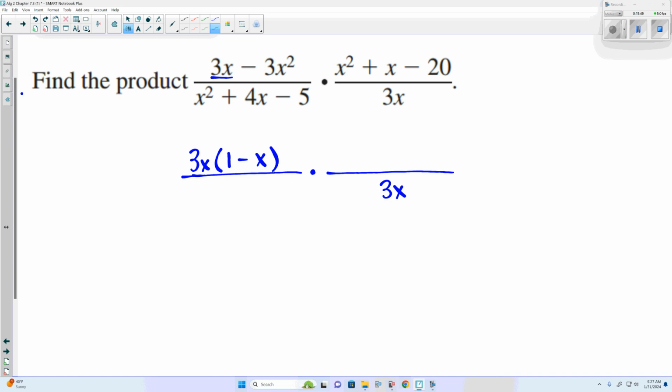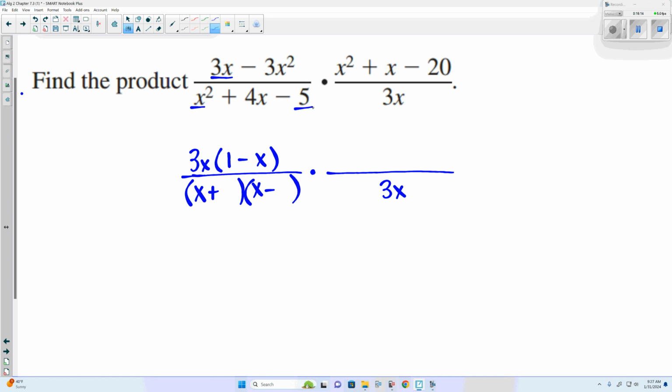Now we need to pick from the other two to factor. X squared plus 4x minus 5. Now x squared plus 4x minus 5, since the third term is negative, our signs are opposite, positive, negative. Now we look at the factors of the first and third term. Factors of our x squared are x and x.